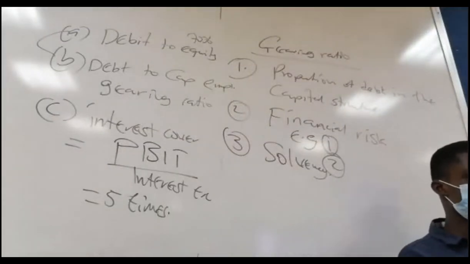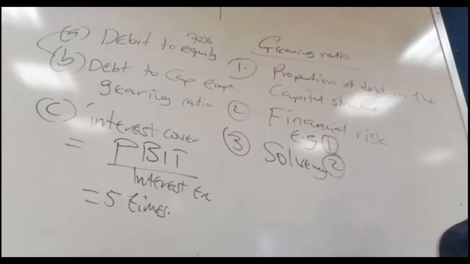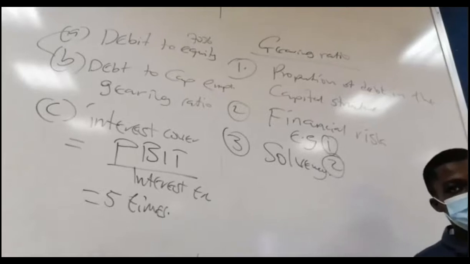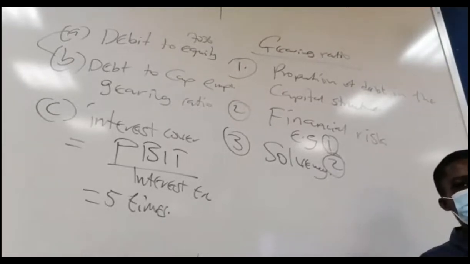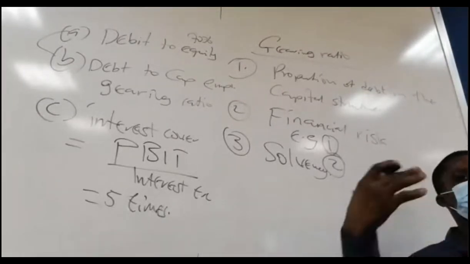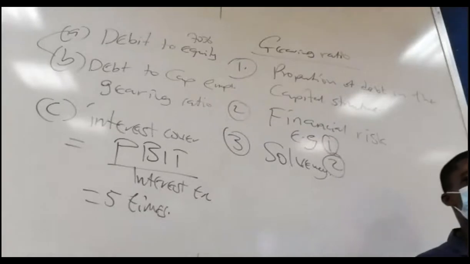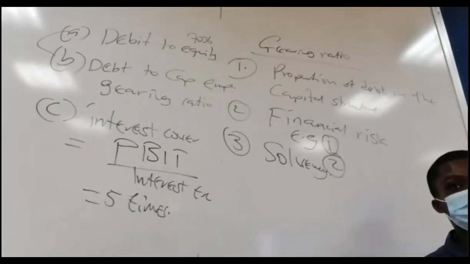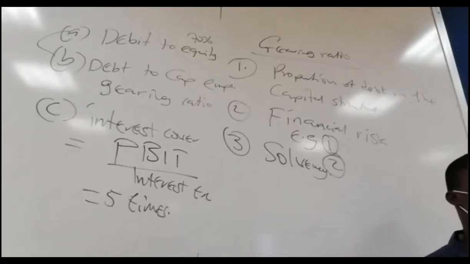Now, the issue is that here the higher the better, and the reverse is true. Too low suggests that shareholders' dividend is at risk. If you are not getting money to pay the interest, how will you get money to pay the dividend? Even though you don't pay dividend out of profit, the profit will determine the dividend that we should pay.